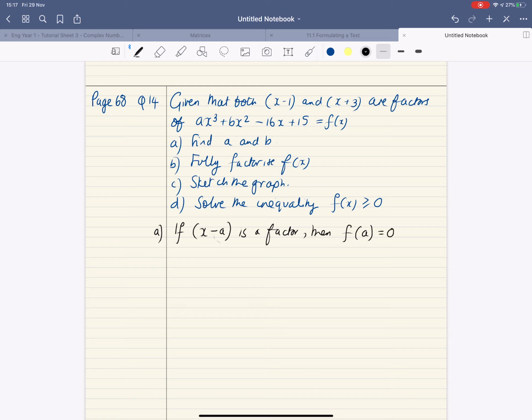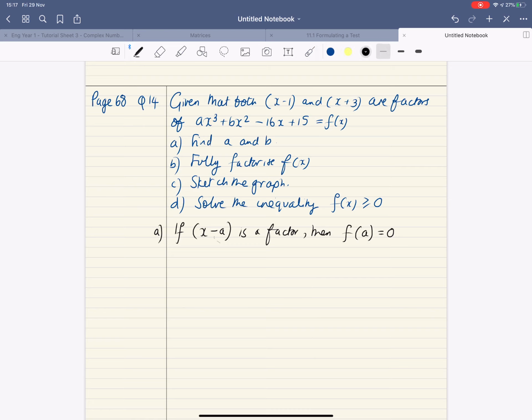So if you've got x minus a as a factor, then the number, with a change of sign, so that's minus a there, and this is plus a here, is equal to 0 when you substitute it into this equation here.